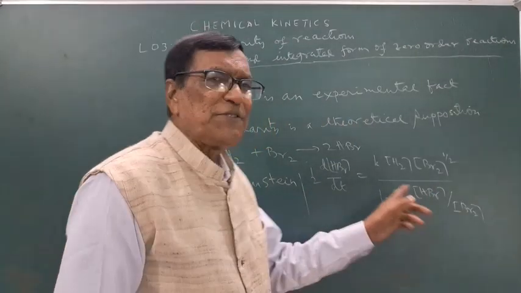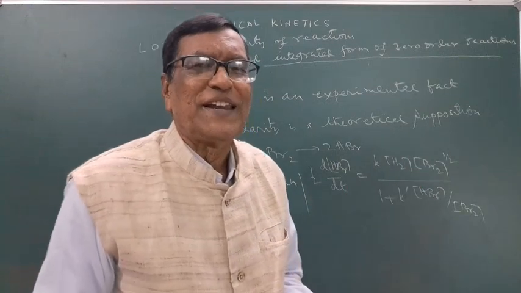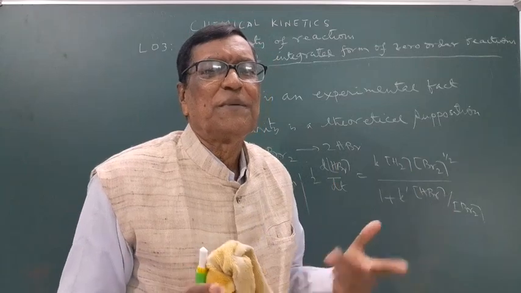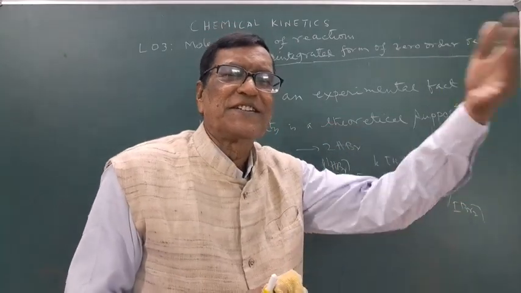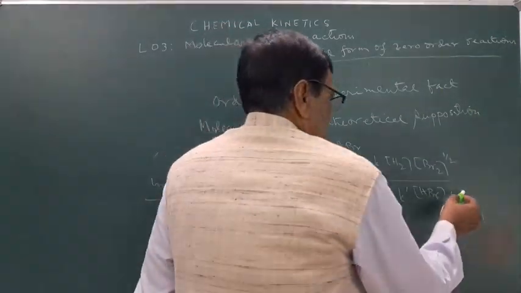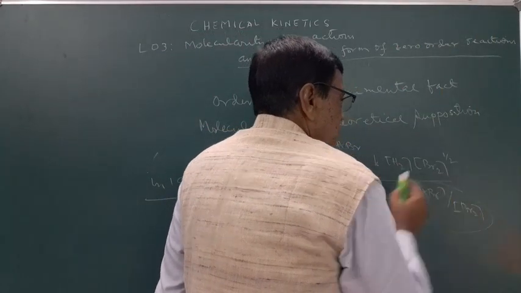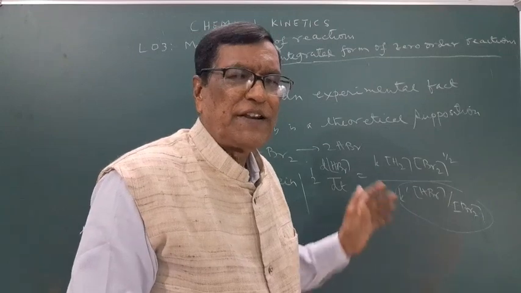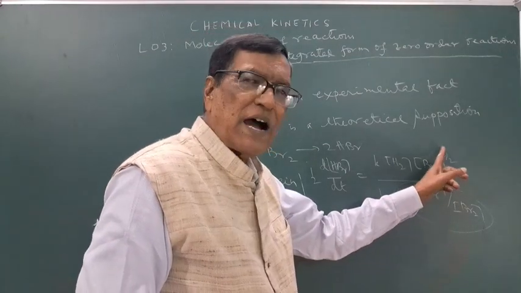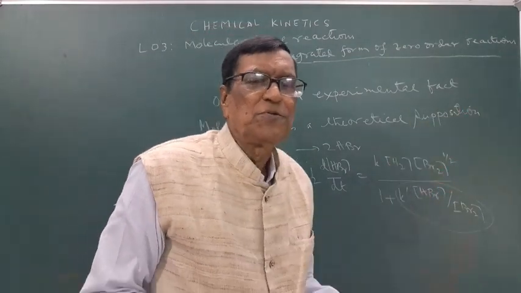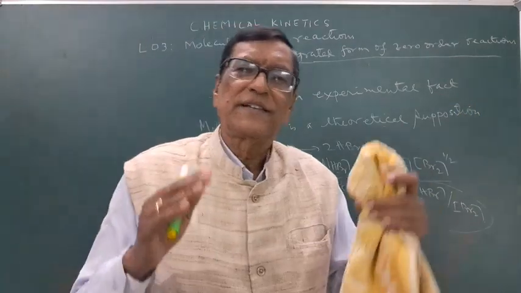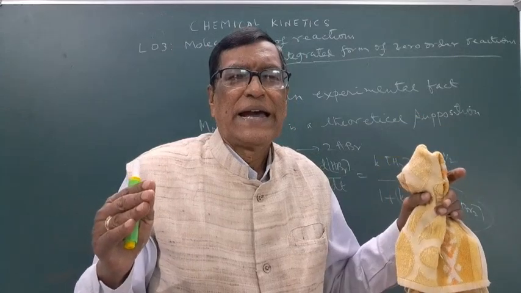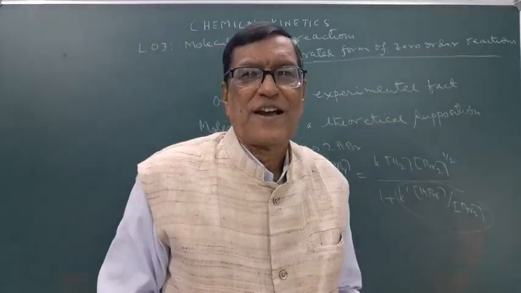From this rate equation it is very difficult to determine the order of this reaction. Only when the reaction starts, at the initial stage, this value is very small in comparison to 1, and in that case you can find the order 1 plus half equals 3/2, meaning the reaction will follow 3/2 order at the start of the reaction.